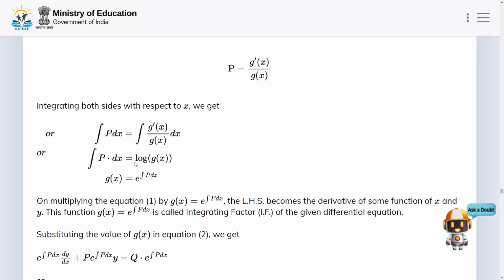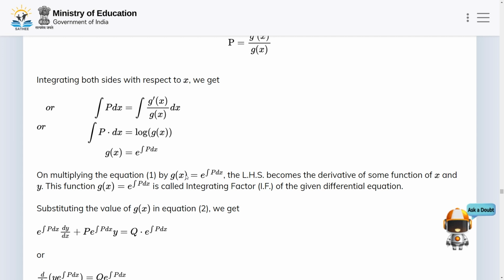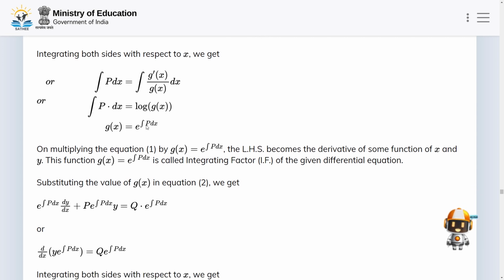Rearranging terms and applying the log property, you will have g(x) is equal to e to the power integral of p dx. So the function you require, g(x), is e to the power integral p dx. This we will be calling the integrating factor. Clear?